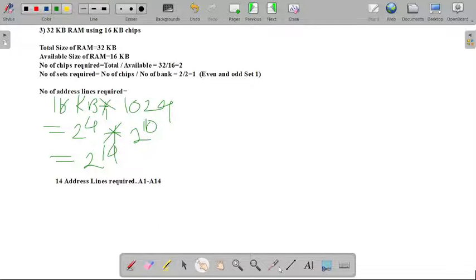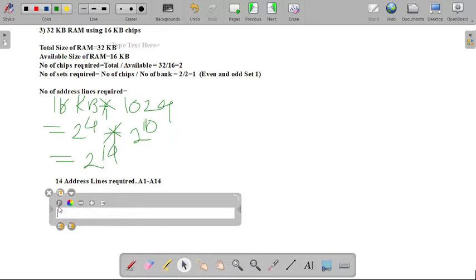Now we have to find out the IC number for our RAM. So here I'm writing the IC number is equal to 16 KB into 8 bit. 8 bit ports will be used for our input and output devices, so we are multiplying the 16 KB into 8 bit.